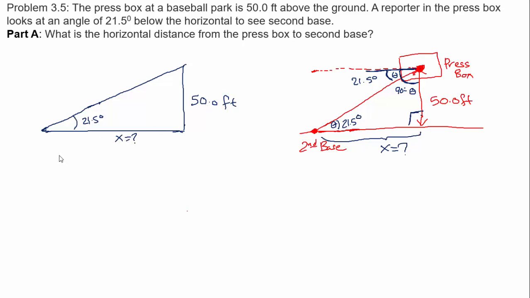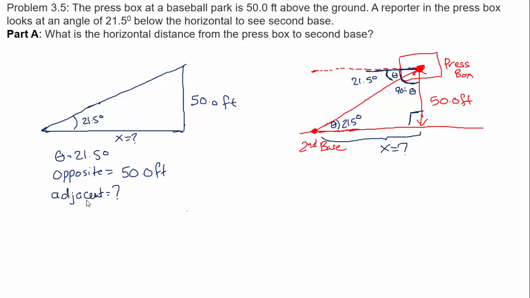We are given the opposite. So we have the angle here, 21.5 degrees. We are given the opposite, which is 50 feet. That's the y component here of this hypotenuse. And we are asked to find the adjacent, x.